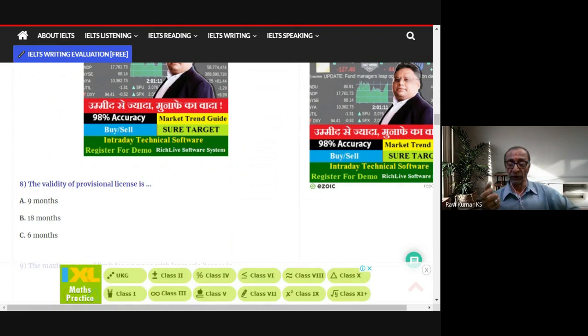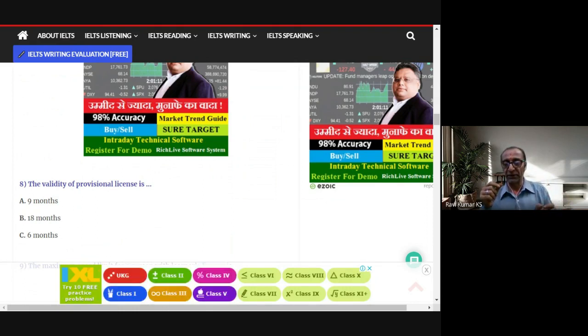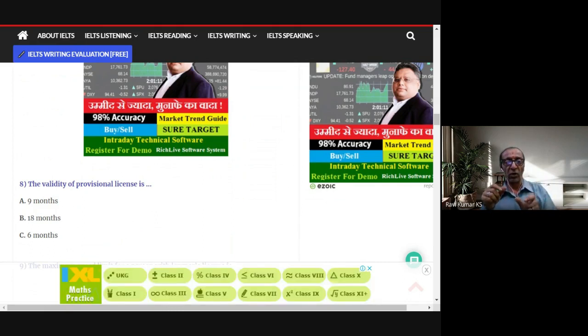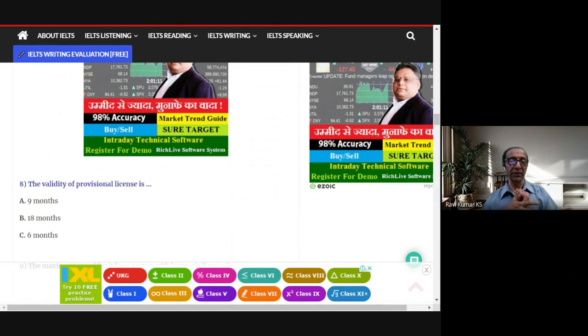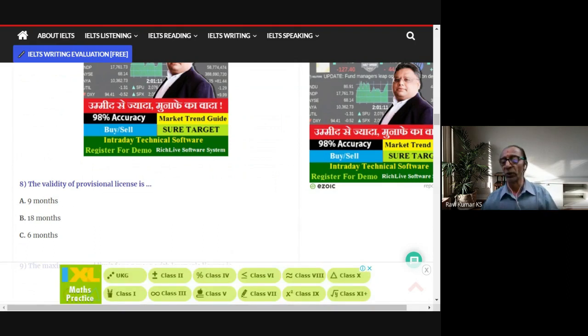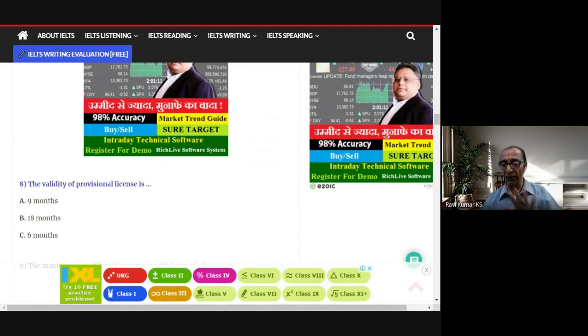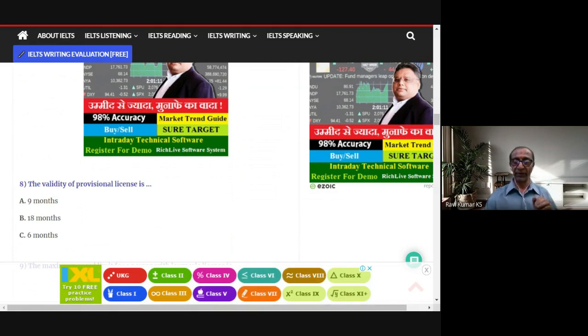That all of us know. In the same way, they will be giving it for the provisional license. Right? Once the learner's license is done, for how long is that provisional license valid before you get to the permanent or the full driving license? Whether it is 9 months, 18 months, or 6 months, don't write the answer. Again, I am telling you, you have to write A, B, or C, not the answers. Okay?